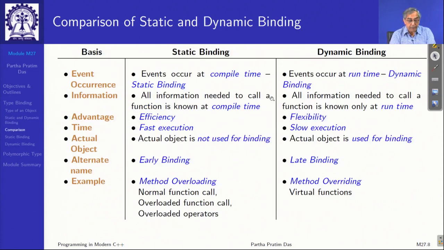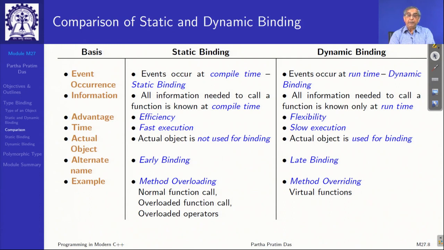If I quickly compare static and dynamic binding, naturally the events for static binding happen at compile time and those for dynamic binding happen at runtime. All information for a call is known at compile time for static binding, but all information is not known for dynamic binding, it is known only at runtime.